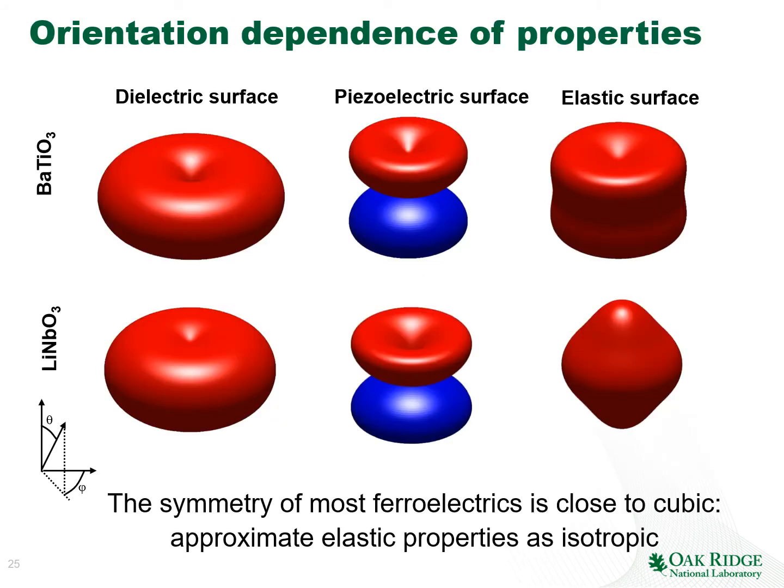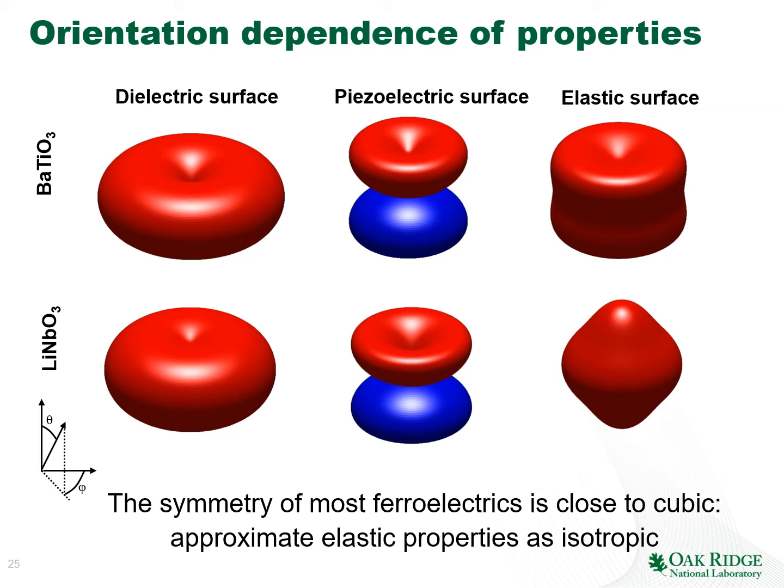Our second step is to analyze the signal and try to understand what type of approximations we can introduce. And it's very instructive to look at the dielectric surface, meaning the orientational dependence of the dielectric response, the piezoelectric surface, and the elastic surface of the material, for barium titanate and for lithium niobate.